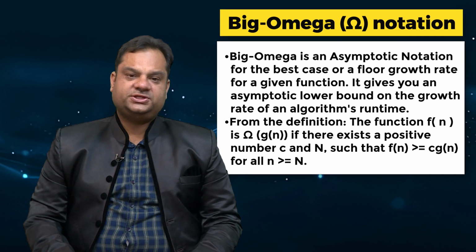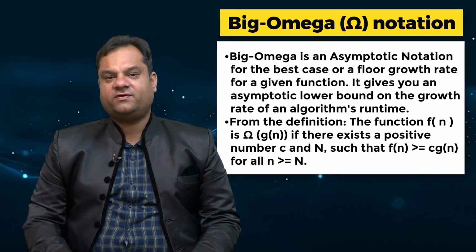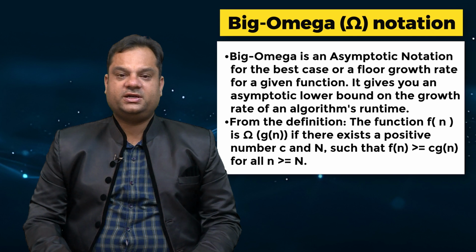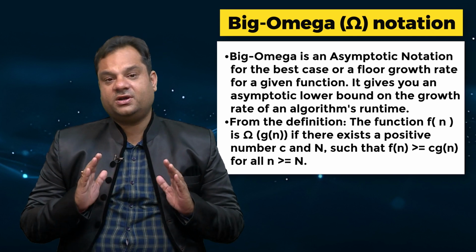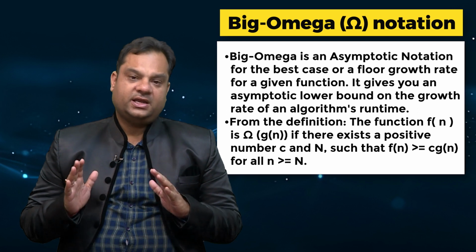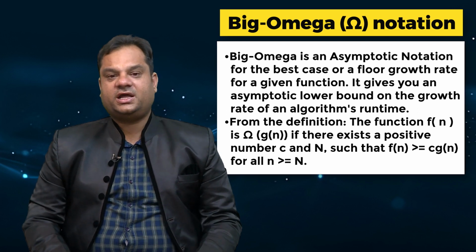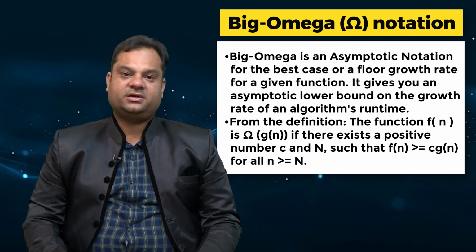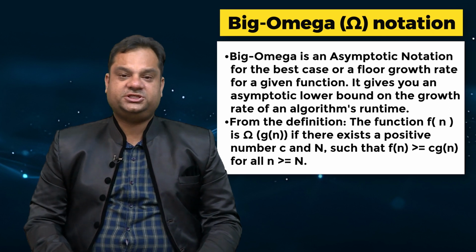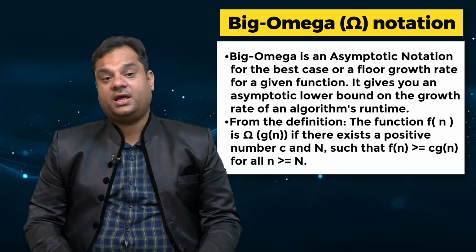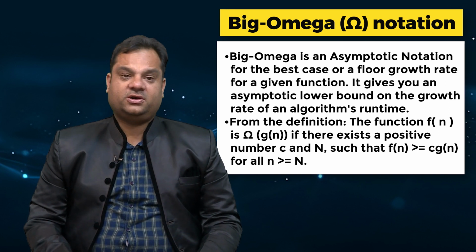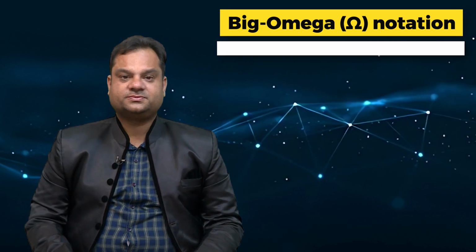From the definition, the function f of n is omega of g of n if there exist positive numbers c and N, such that f of n is greater than or equal to c times g of n, where c is the constant part, for all n greater than or equal to the big N.